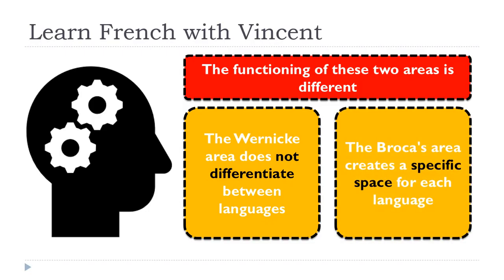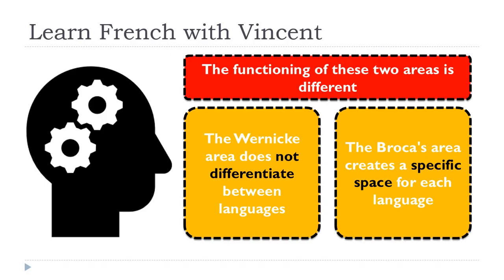Whereas the Broca's area, remember, is only focused on oral language. It will create a specific space for each language. So you will have your little box for speaking French, your little box for speaking English, your little box for speaking Spanish.